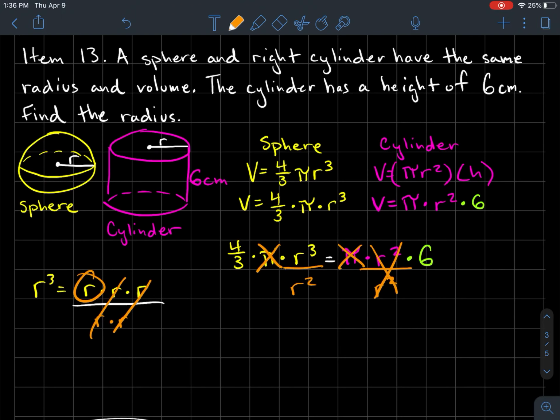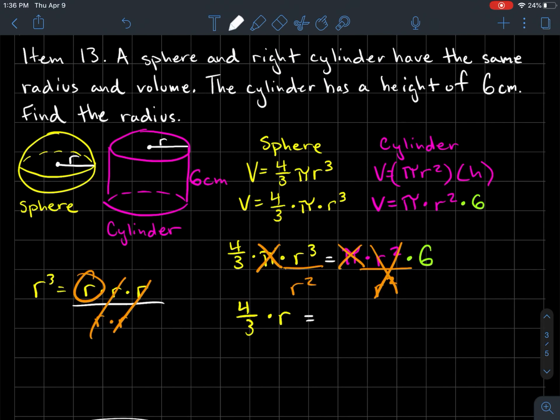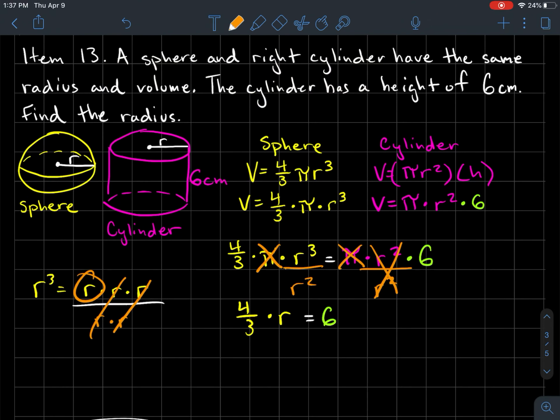So when we rewrite our equation with what's left over, we have 4/3, that hasn't changed, right? We have 1 r left, so times r. And it's going to equal, well, now on the right-hand side, all we have is that 6. And if I want to figure out the radius, the next thing that I want to get rid of is that 4/3. So how can I divide by a fraction?